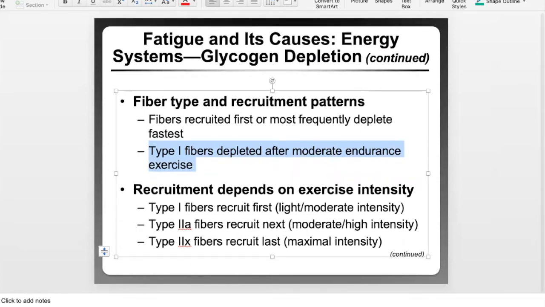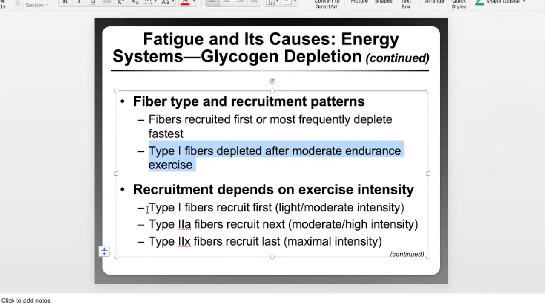And remember, most bouts of activity are a combination of type 1, type 2, and type 2X muscle fiber types. Most activities don't start with maximal intensity. Usually they start off in the blocks, they run for a bunch of steps, and ultimately they get to maximal intensity.